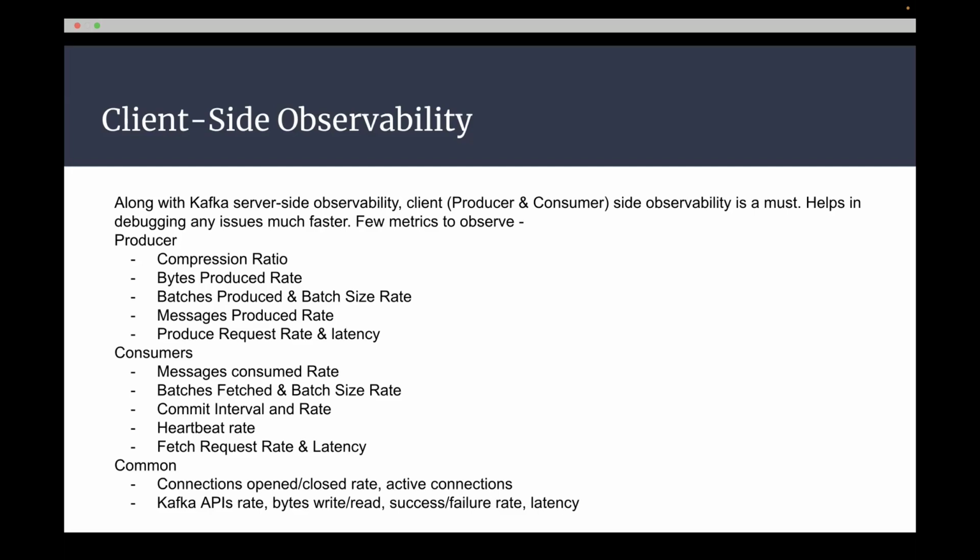Apart from that, you should always have a metric for connections. Connections are one thing that can really mess up your systems in production. If you're putting too many connections on your Kafka servers, then definitely you have to scale up the systems a lot more, but that's not very cost efficient, and you should avoid that.